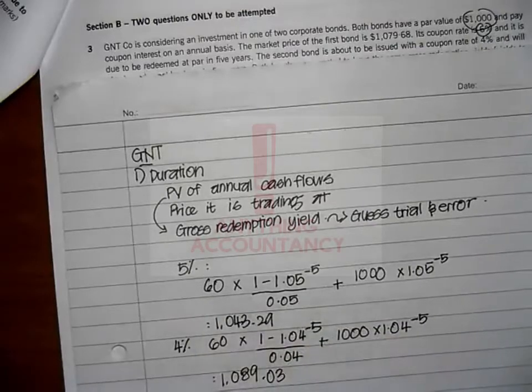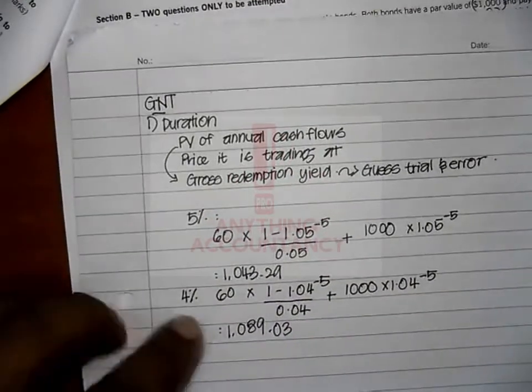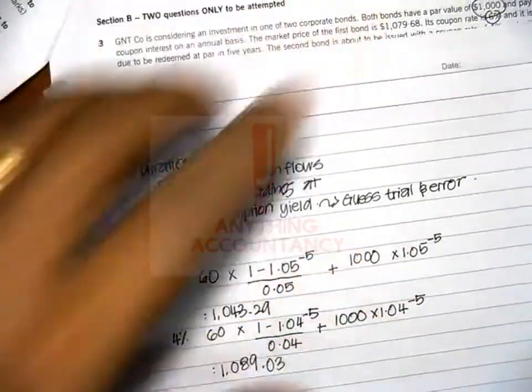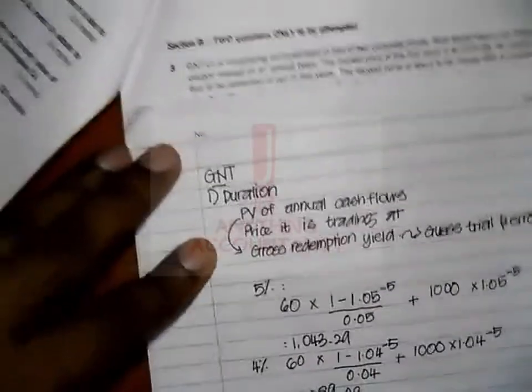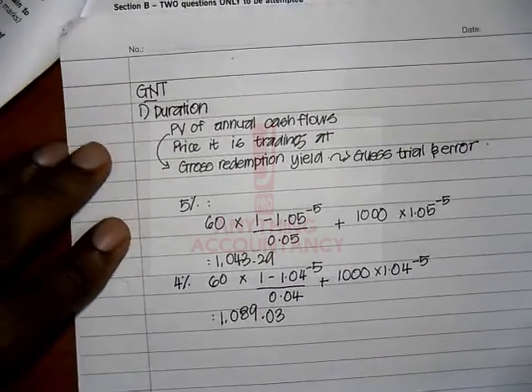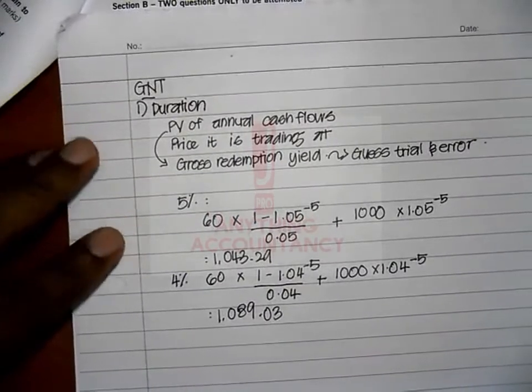So now you notice these new numbers. What's the issue about these two numbers? One number is above the current 1079.68, one number is below. That's what you're trying to aim for. You get that too, then you can kind of figure out the gross redemption yield.